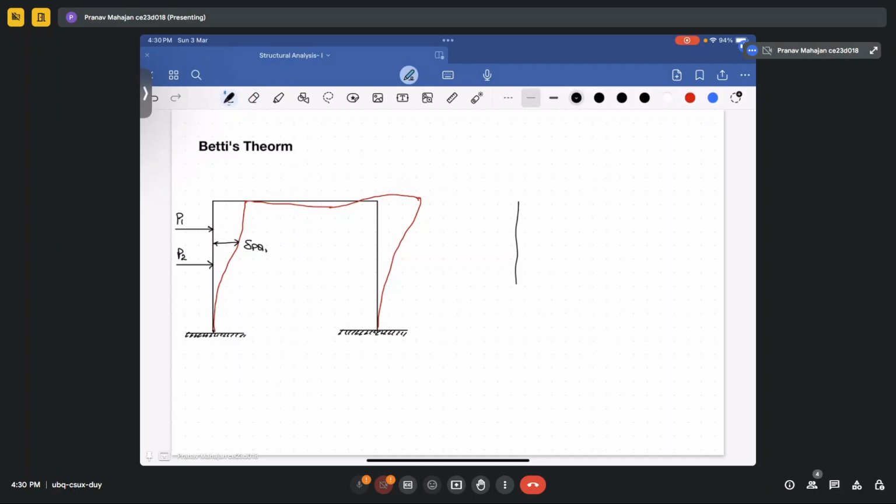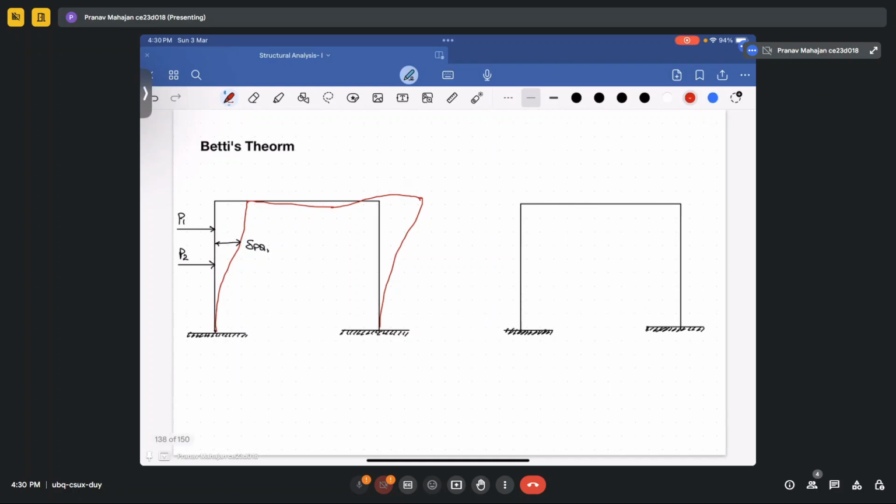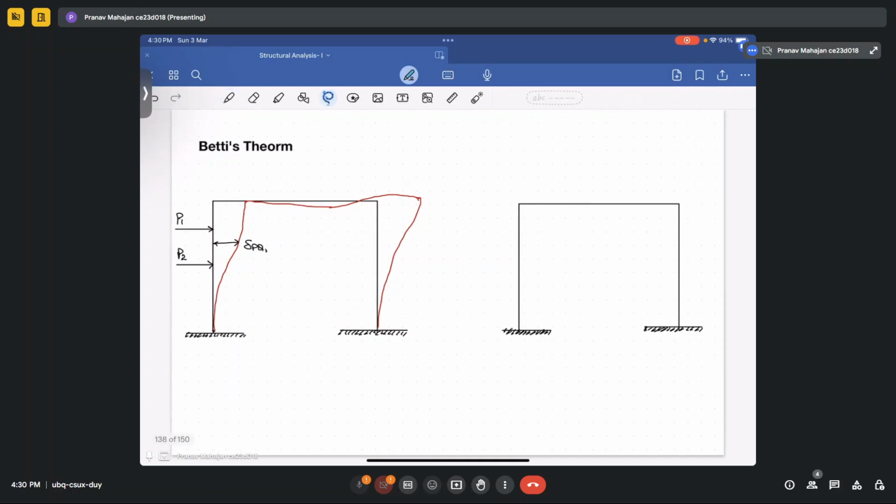So suppose we have another frame. It also has a point load at a point where the deflection is delta P1.